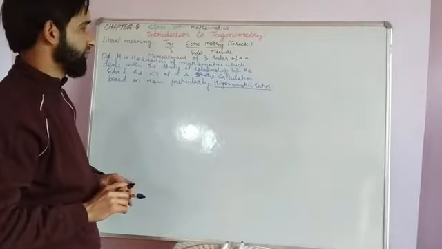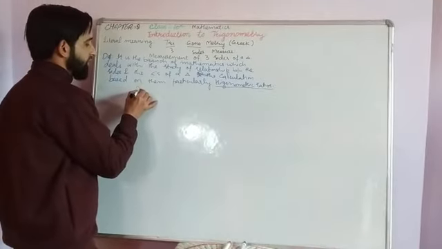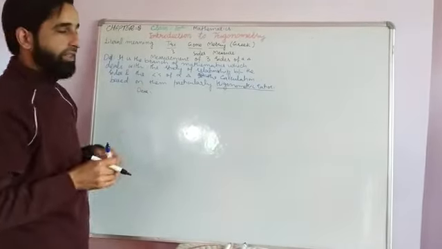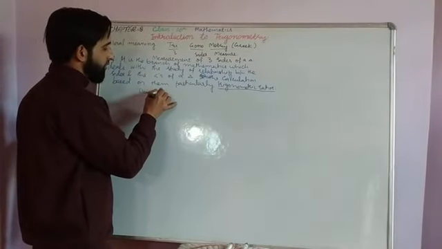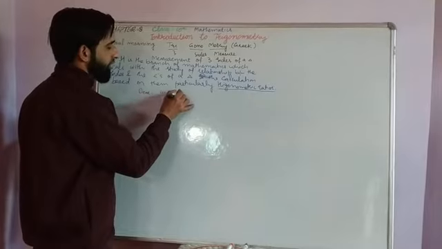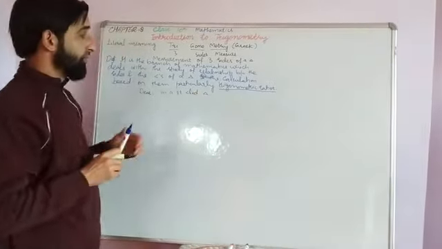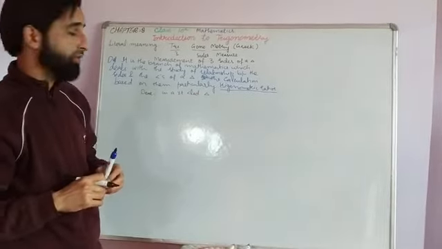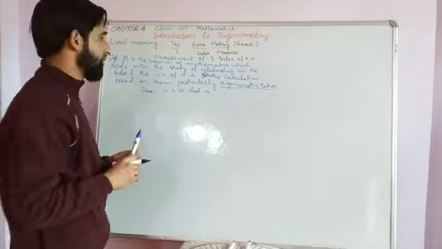What are trigonometric ratios? Dear students, it's necessary to mention that at the 10th level, we only apply trigonometry in a right-angled triangle. Before going through the trigonometric ratios, I would like to give you a little information about a right triangle.